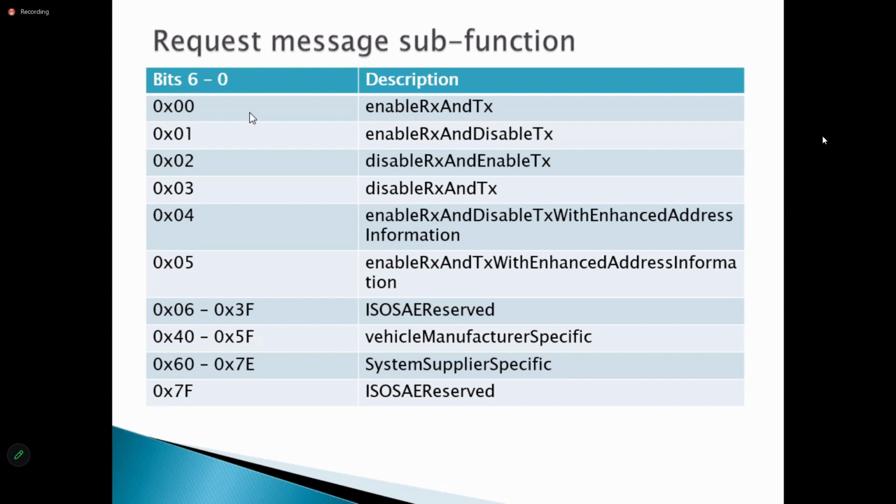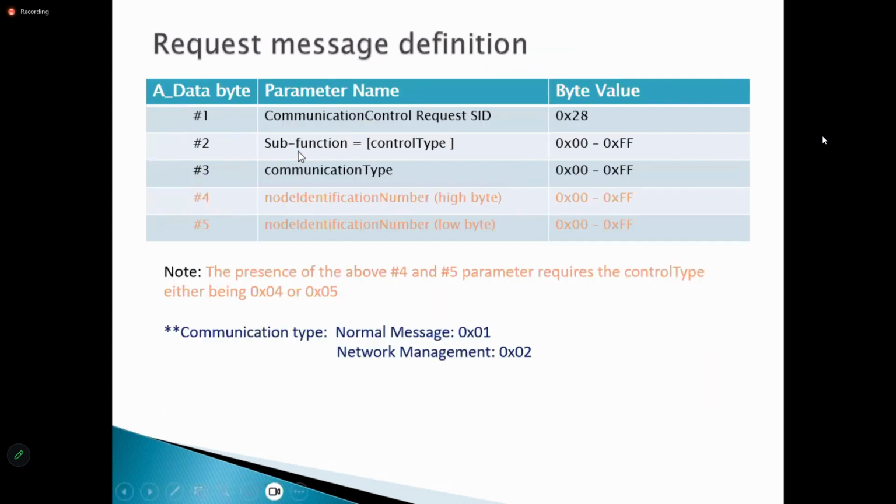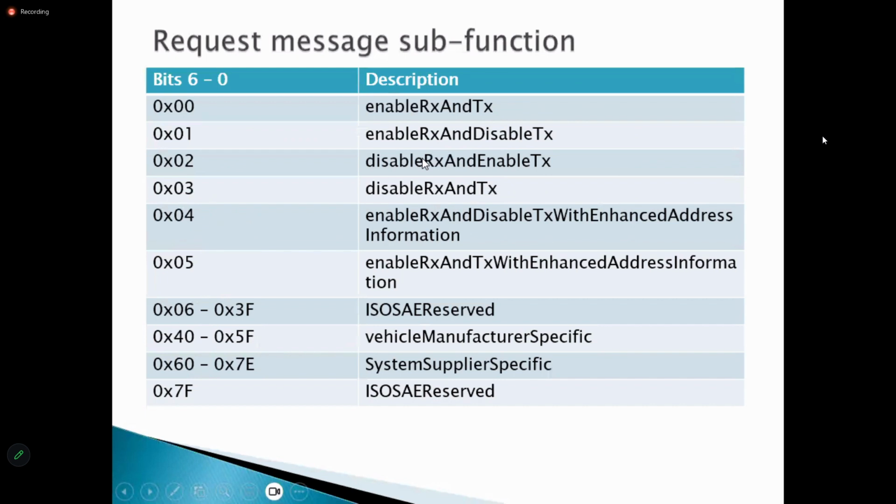This 00 sub function is for enable Rx and Tx. If the sub function is 00, that means the client is requesting to enable Rx and Tx both for the server.